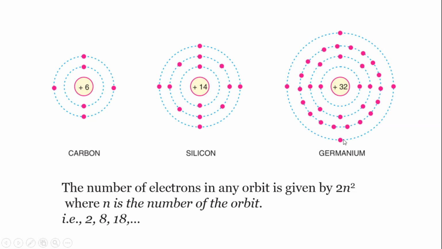Similarly, if you take germanium, the atomic number is 32. The atomic number is nothing but the number of protons, which is equal to the number of electrons, equal to 32. That is 2, 8, 18 plus 4, which is equal to 32.